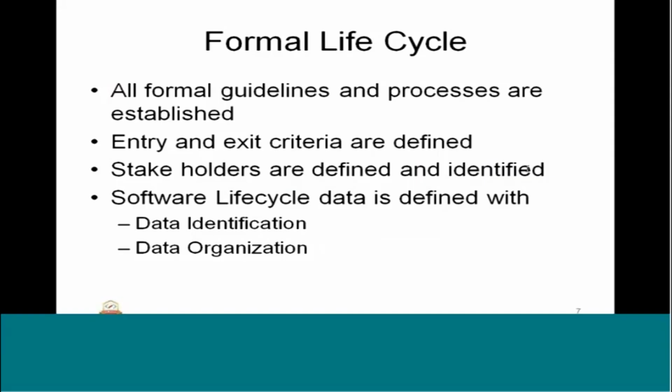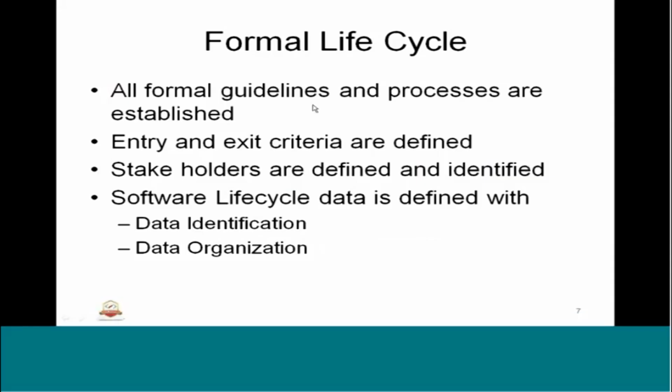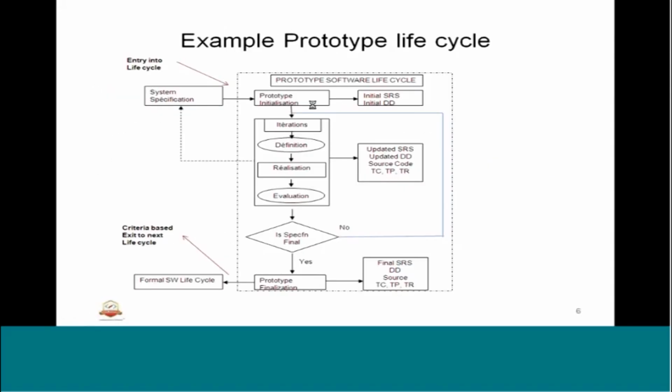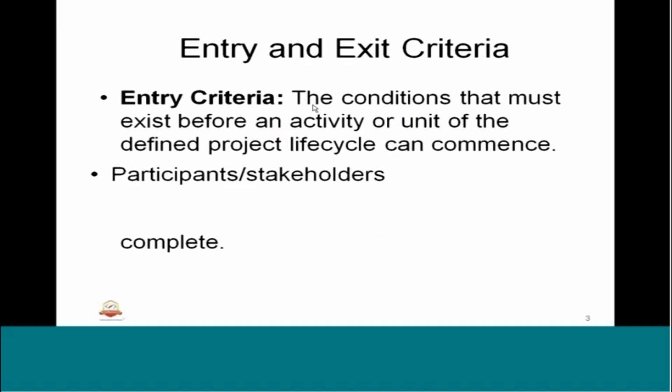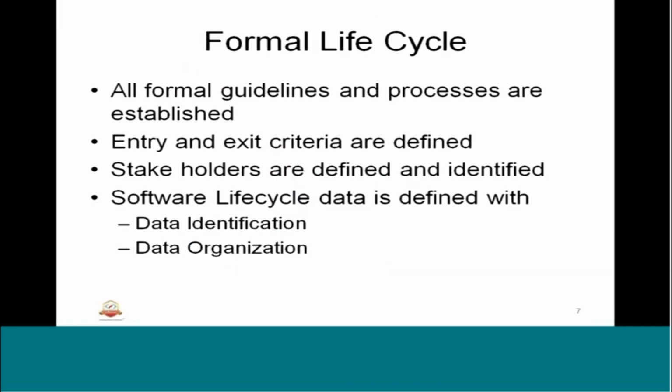As I said, what are those? They are the conditions that must be met for each process item before it starts, and exit criteria means it should be complete before we start the next process item. That will be defined in the formal process.